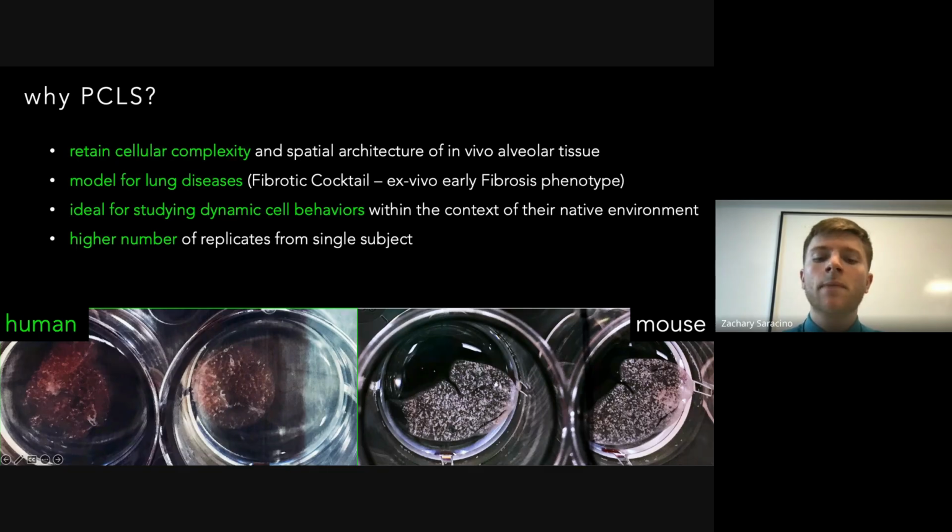And of course, it's a great model for lung diseases such as lung fibrosis, and it offers a high number of replicates, both because you can image multiple wells at a time, and multiple locations per well. So you can actually generate many fields of view per PCLS. And in case you're curious, that's what human PCLS looks like at the bottom there with a human lung versus the mouse PCLS that we typically work with on the bottom left, and bottom right, sorry. Next slide.